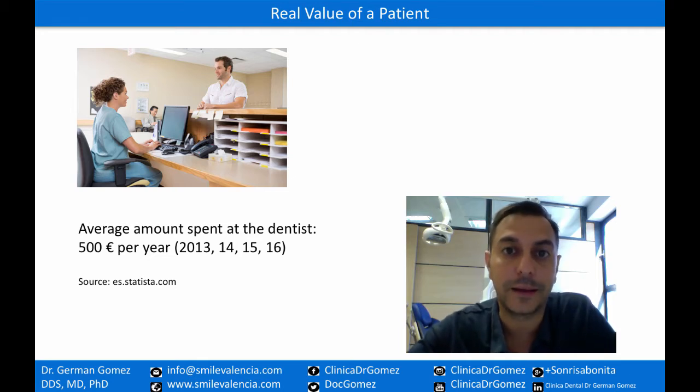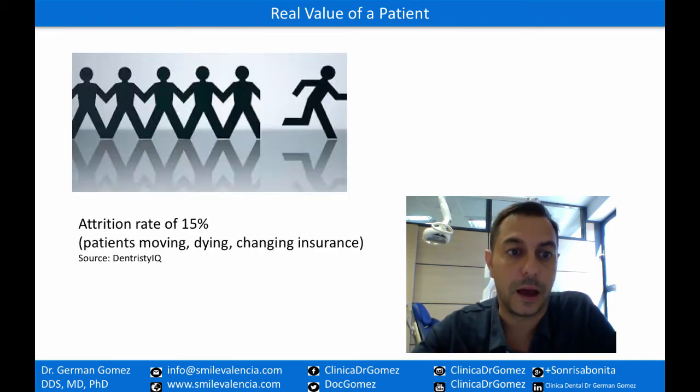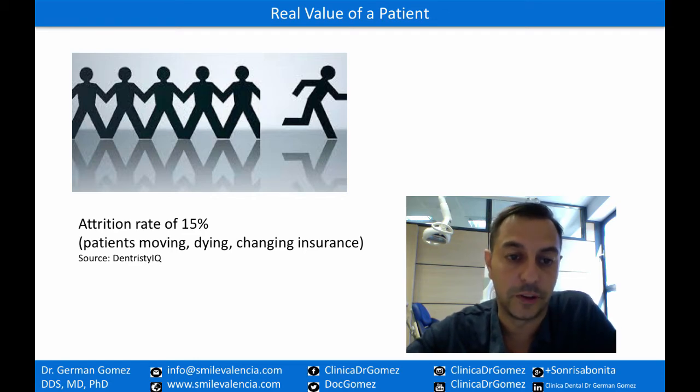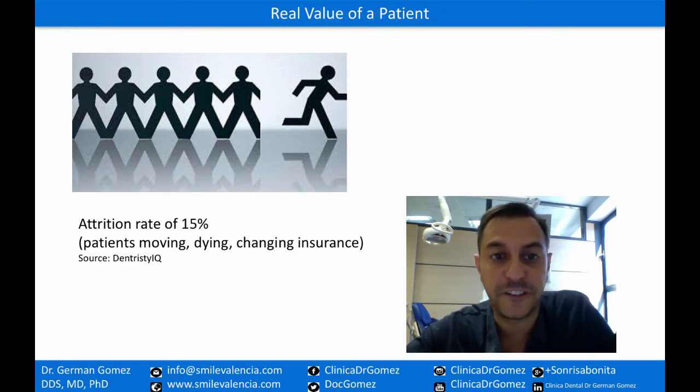Again, you make the Big Mac index analogy to your country, please. Now, we know also one thing, that the attrition rate of your patients that move out, that are dying, that change insurances and so on, and just change the dentist, is around 15%.